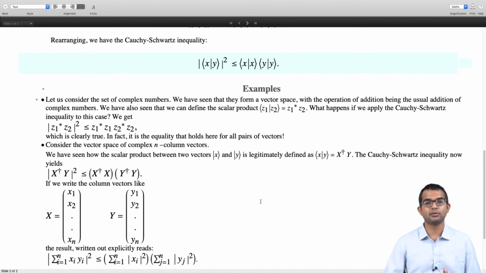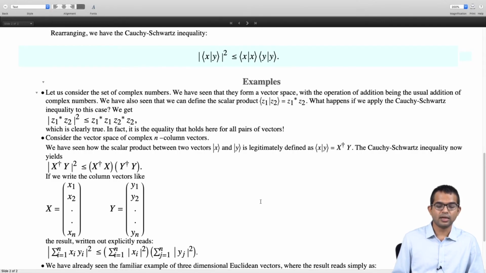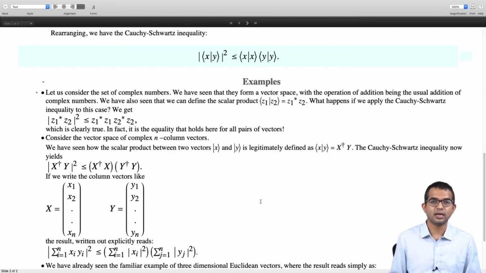So you add up xi star yi, take the modulus squared, and this must be less than or equal to the summation over i of mod xi squared, times the summation over j of mod yj squared. This inequality can be derived directly by other methods, but the beauty is that we have this very general result and it finds application in all these particular cases.